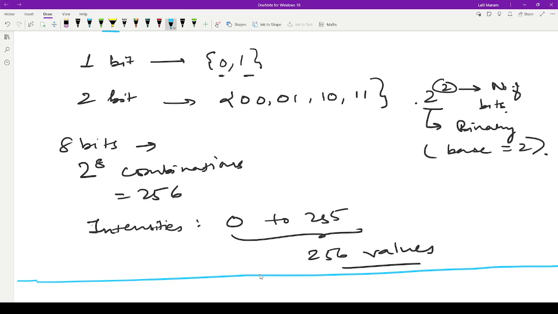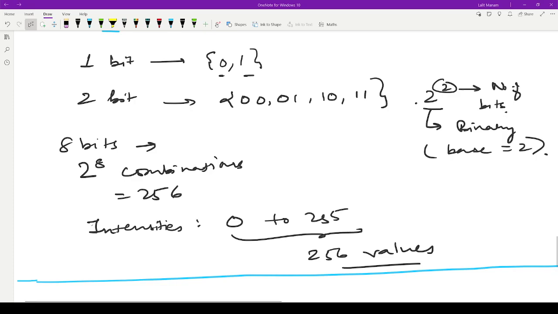So in total for every pixel you have 24 bits, 8 into 3. Including all 3 channels, you have 24 bits. So for every bit, you have two possible combinations, which leads us to 2 to the power 24 combinations.